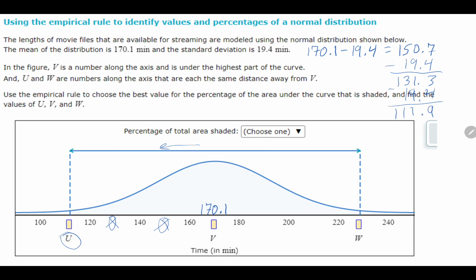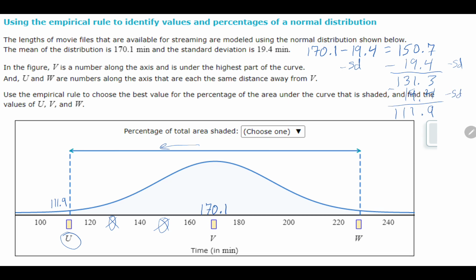So my U is this value, 111.9. That's my U. And I went 1, 2, 3, so the first is 1 standard deviation. So I minus 1 SD, and then I minused another SD, and then I minused another SD.